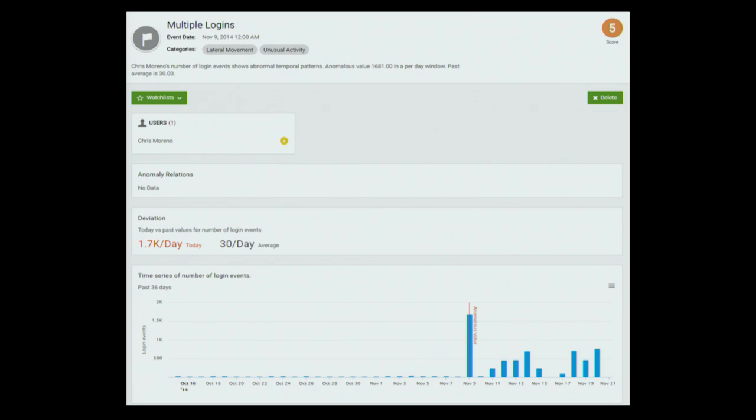But it's much more likely to be an indicator of compromise. It's much more likely to be an anomaly that you want to know about, but you want to know about with context. The context is that Chris's machine was suspected of visiting a site that contained malware. 2 days later, Chris's machine starts logging in an abnormally large amount of times in a day. Tie it together, you move forward, you move through.